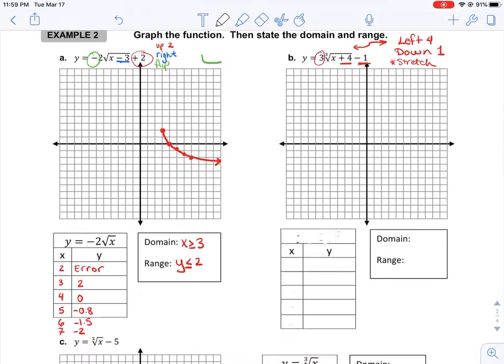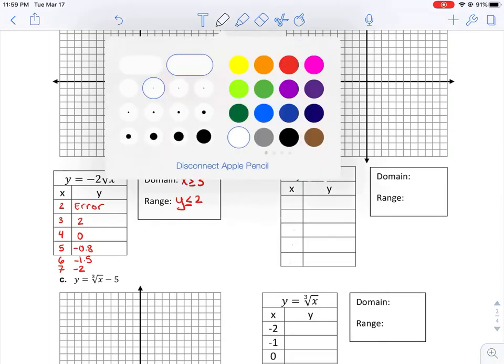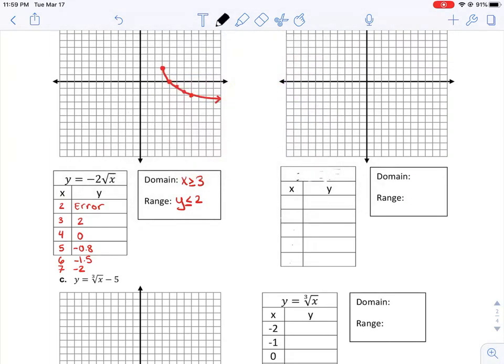For this one, I want more negative values of x, which is why I needed to change my table. So actually, I'm going to start at negative 7, negative 6, negative 5, negative 4, negative 3, negative 2, and negative 1.